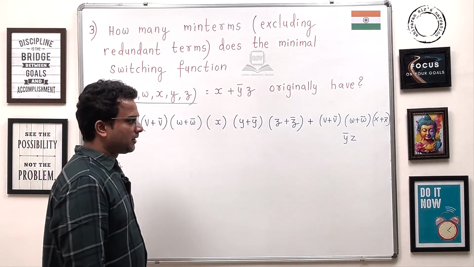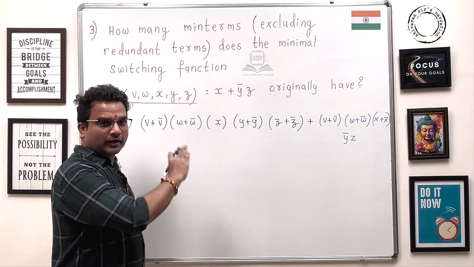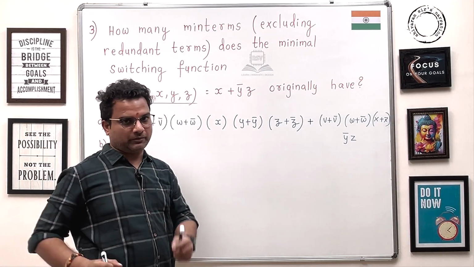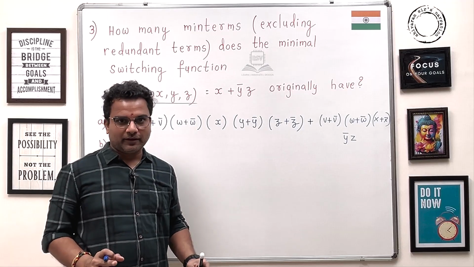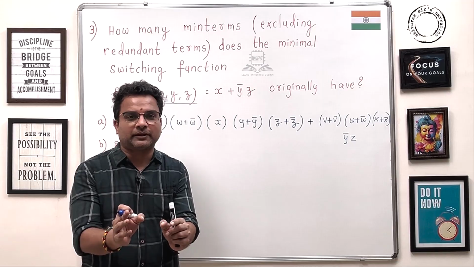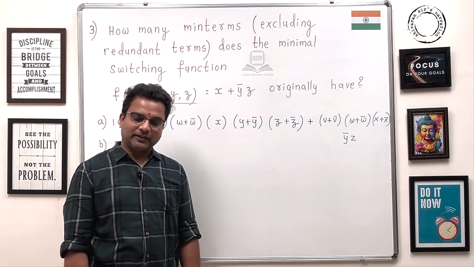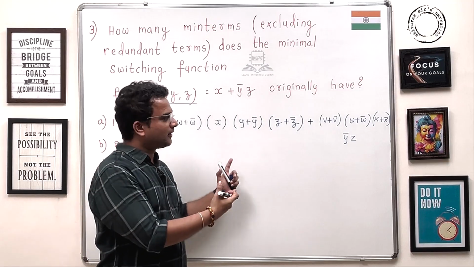This one, guys. Now if I take again v into w bar, it will be a lengthy solution. But instead of that, there is a very simple shortcut method to solve this question in a fraction of seconds. Yes, let me draw this.